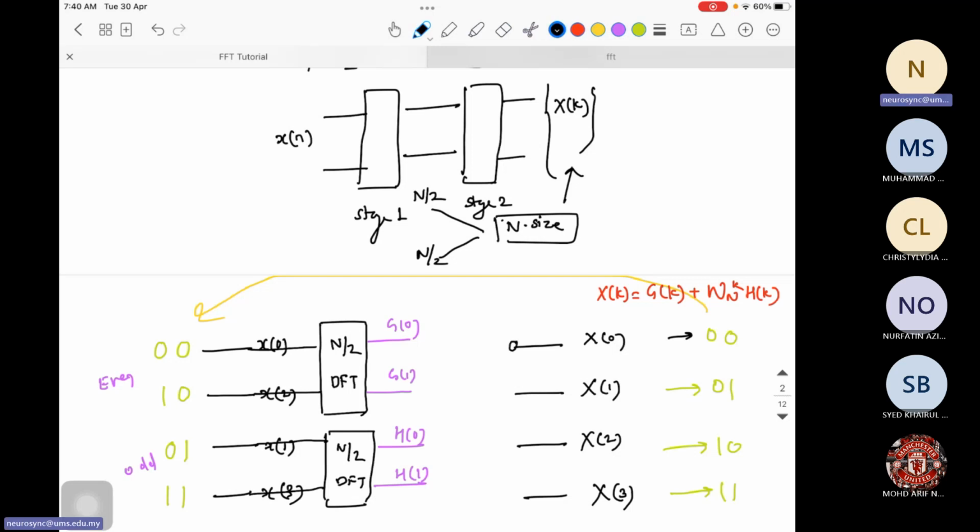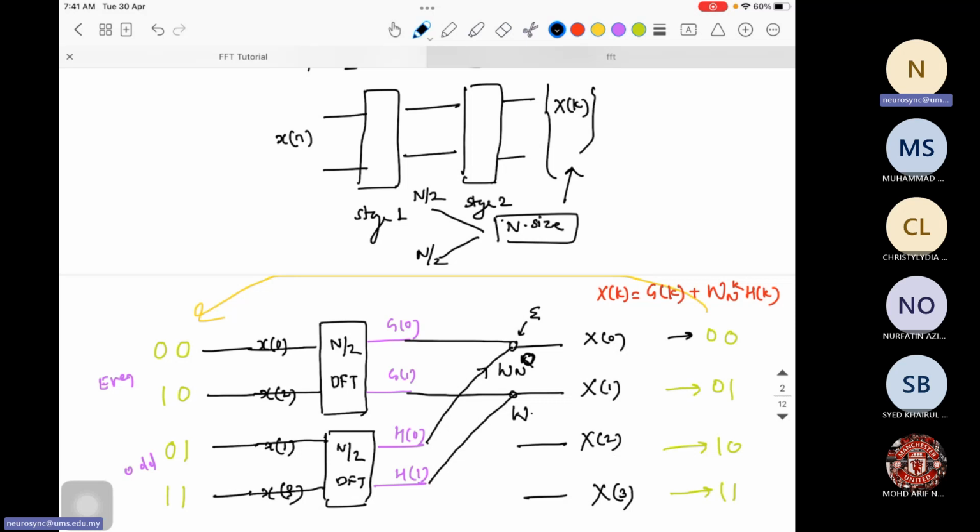So this X of 0 is, this is a summation block, plus H of 0 times W_N^k. Similarly, X of 1 is this plus, now this is for k equal to 0, then I can write W_N^0.